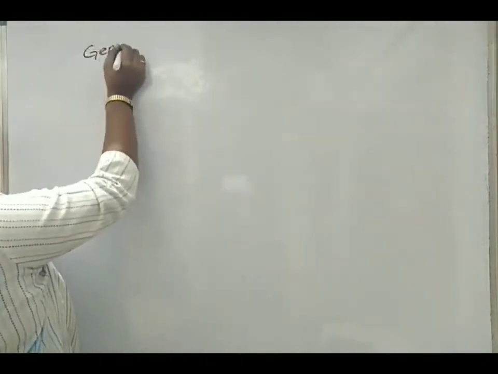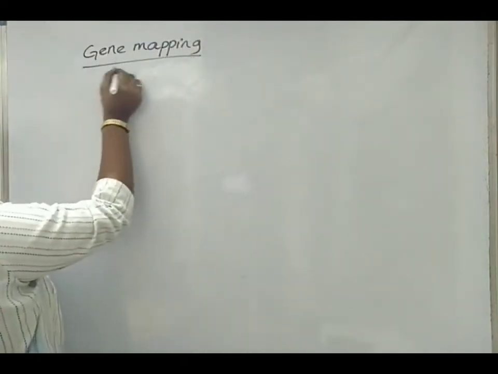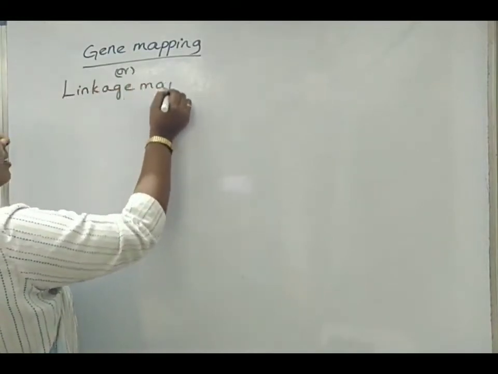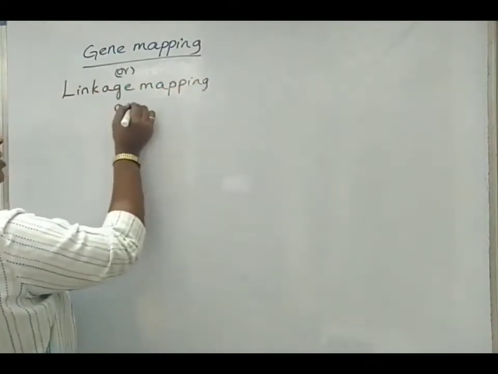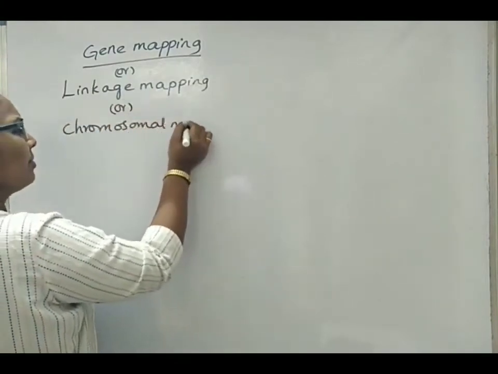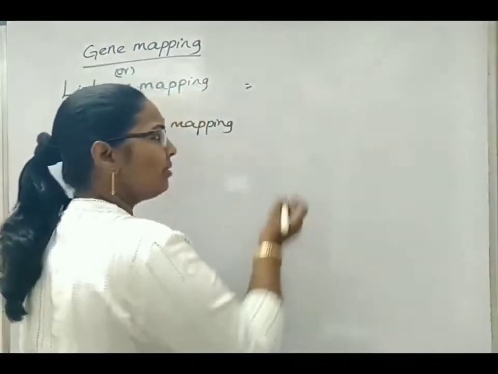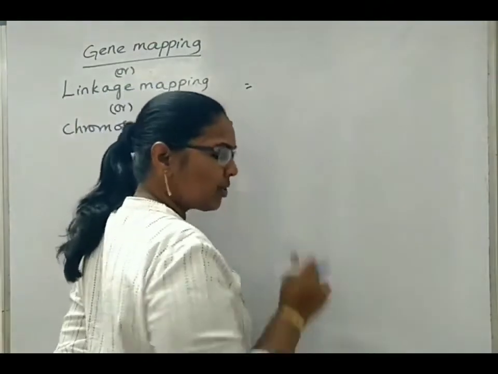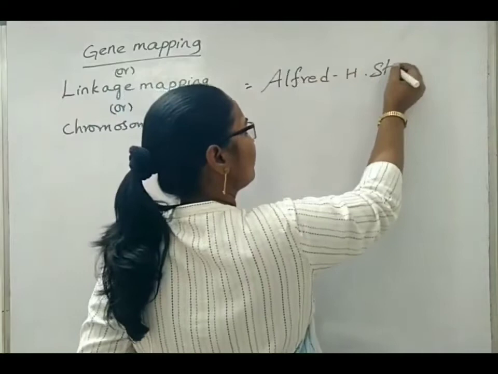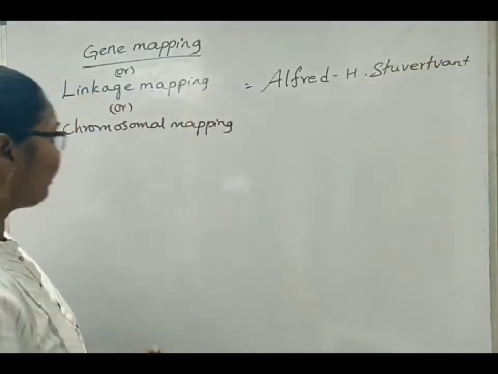Next topic is gene mapping. Gene mapping is also called linkage mapping. It is also called chromosomal mapping. Gene mapping is given by Alfred H. Sturtevant. How can we define gene mapping?